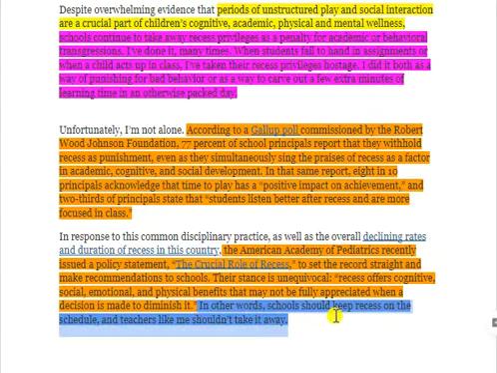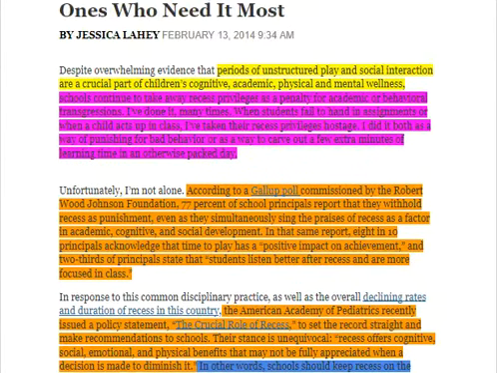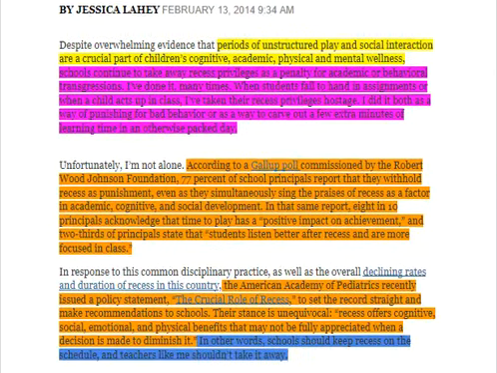Now, we're not going to write the same style of argument for our junior research essay. Ours will be structured a little bit differently, but there are some similarities. So just like this author does, you are definitely going to be mentioning your opponent's perspective early on in your writing, okay? And that's very important. So that's page 1 of this.